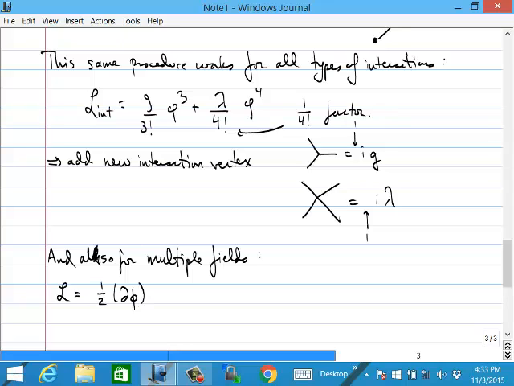We could call one a phi field and one a chi field. Let's say that our phi field has a mass, and we could also give it some phi to the 4 potential.